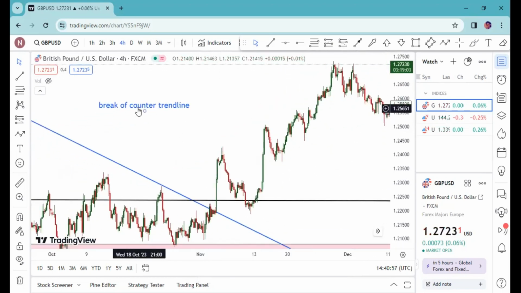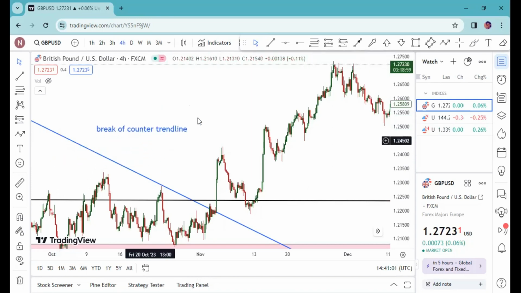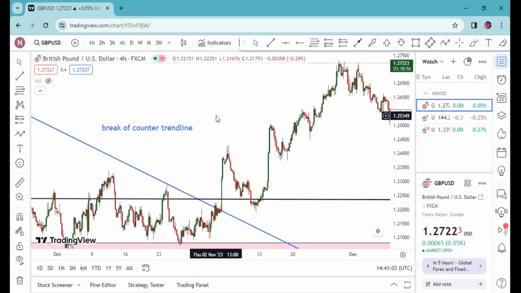Break of counter trend line. Now, do you know what is trend line and what is counter trend line? Trend line is this main line that's aligned with the trend of the market.